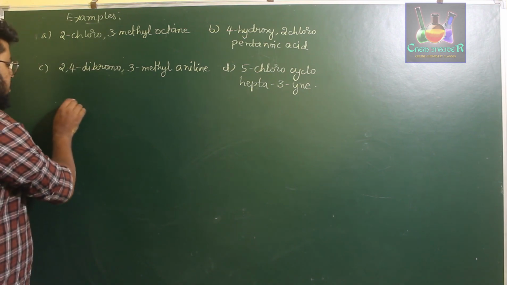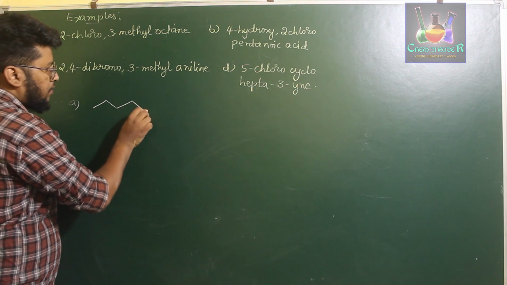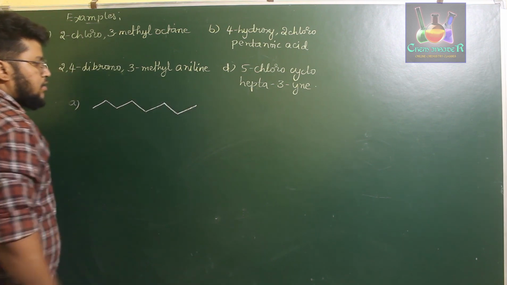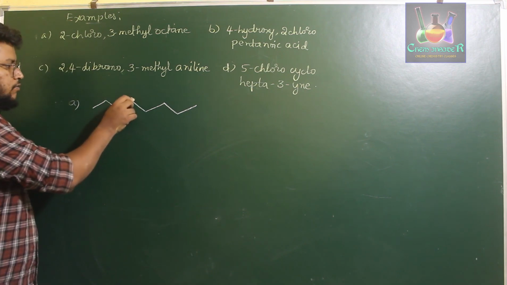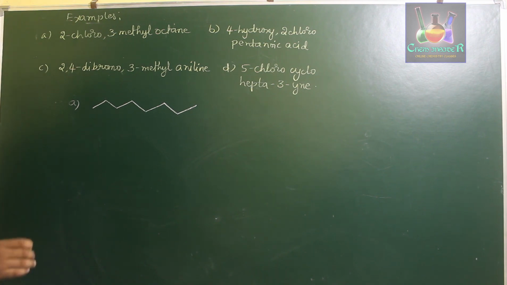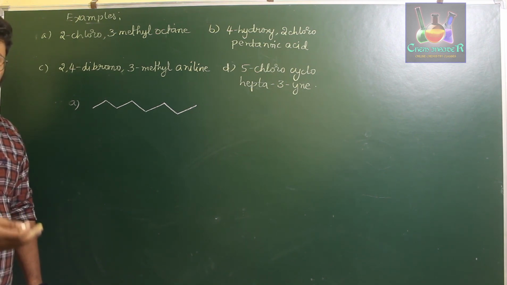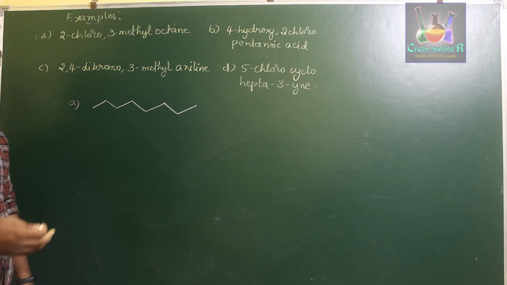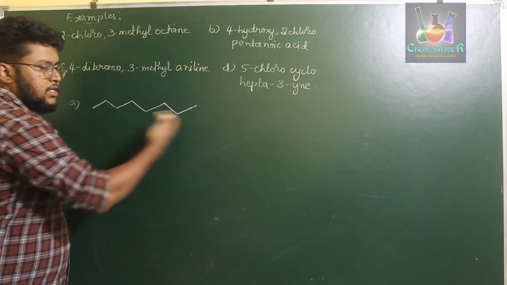For the first one, 1, 2, 3, 4, 5, 6, 7, 8. So this is an 8-member hydrocarbon. Now, whenever you write a structure for the IUPAC nomenclature of a hydrocarbon having branches, always prefer the numbering from the left hand side.